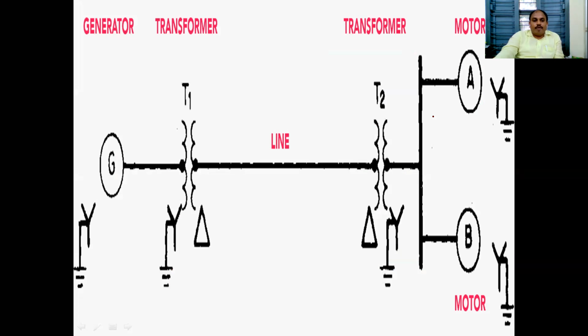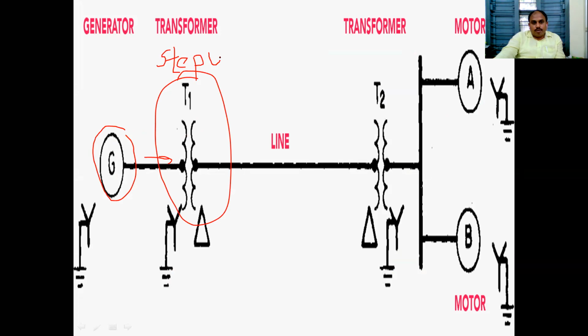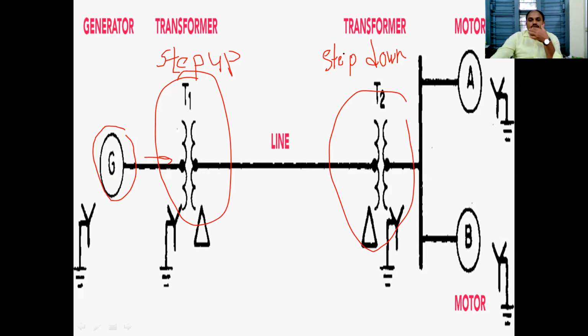So this is the single line diagram of the power system. Power is generated at the generators. The generated voltage is increased with the help of the transformer. So there is a step-up transformer, and this is a step-down transformer.